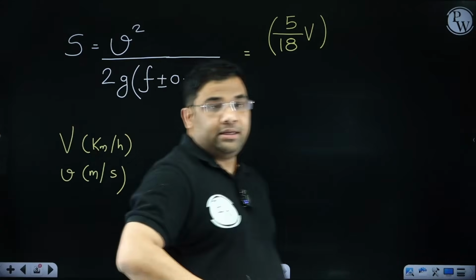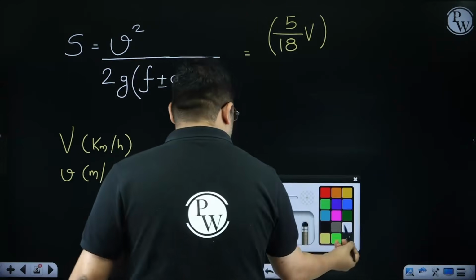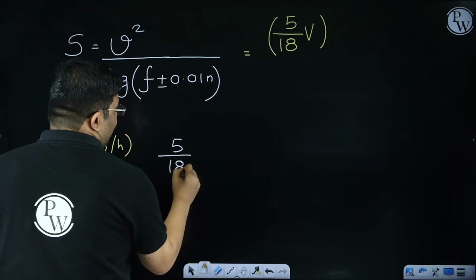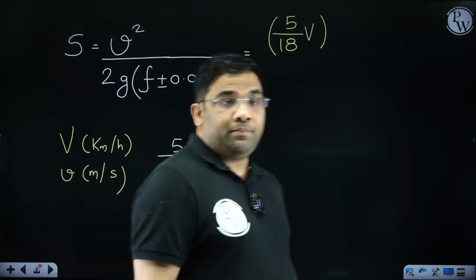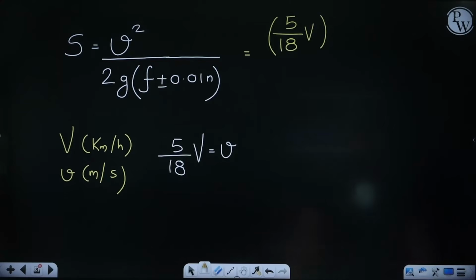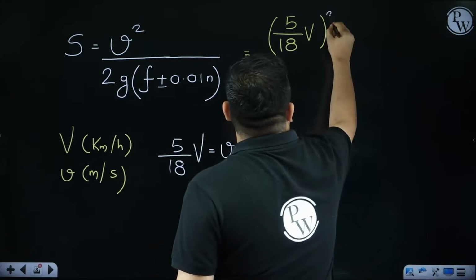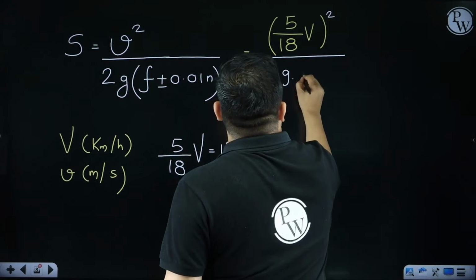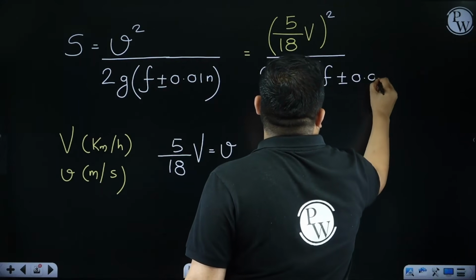If I want to convert kilometer per hour to meter per second, I multiply by 5 by 18. So v square becomes 5 by 18 capital V square, divided by 2 into 9.81, into f plus minus 0.01 n.